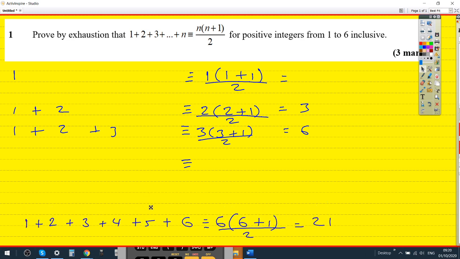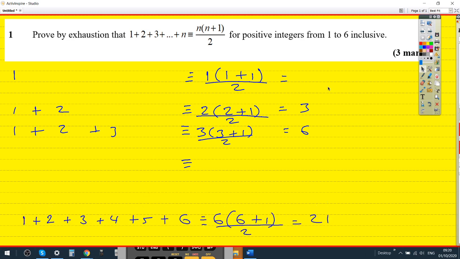How do you show your working out though? What would be the full thing? So I do 1 plus 2 plus 3 plus 4 is the same as 4 times 4 plus 1 over 2. Yes, and then you say that that's equal to 10.